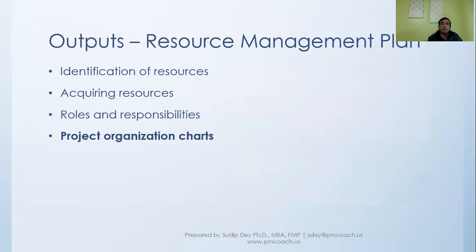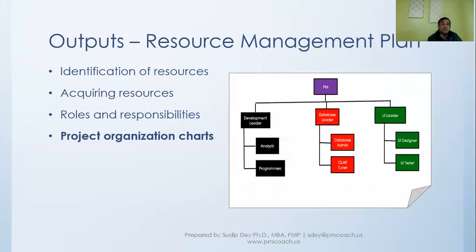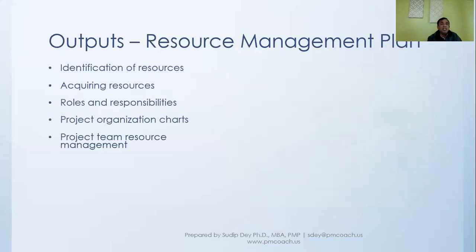Then we'll put together the project organizational chart, where, as we have seen, the project is structured. That is also something that will be put together in this plan. Then the team resource management.